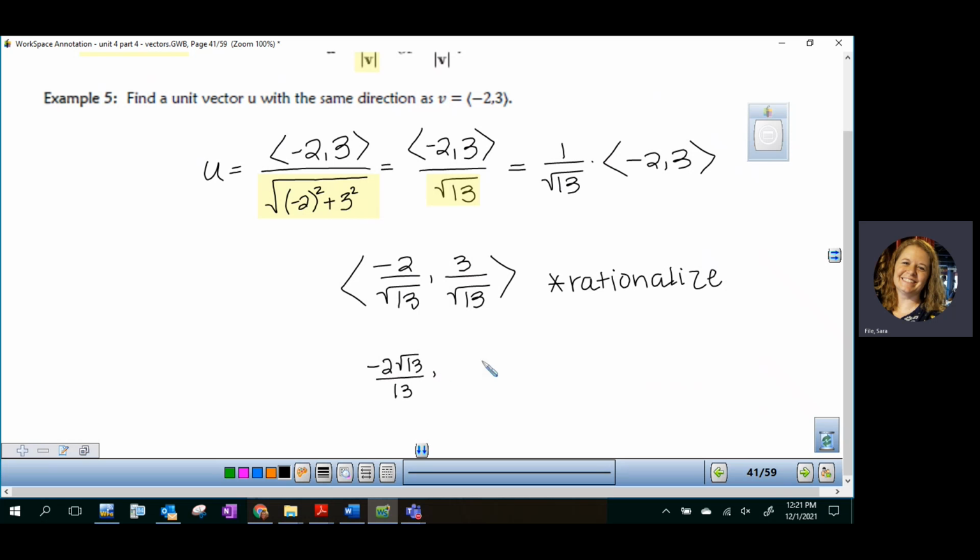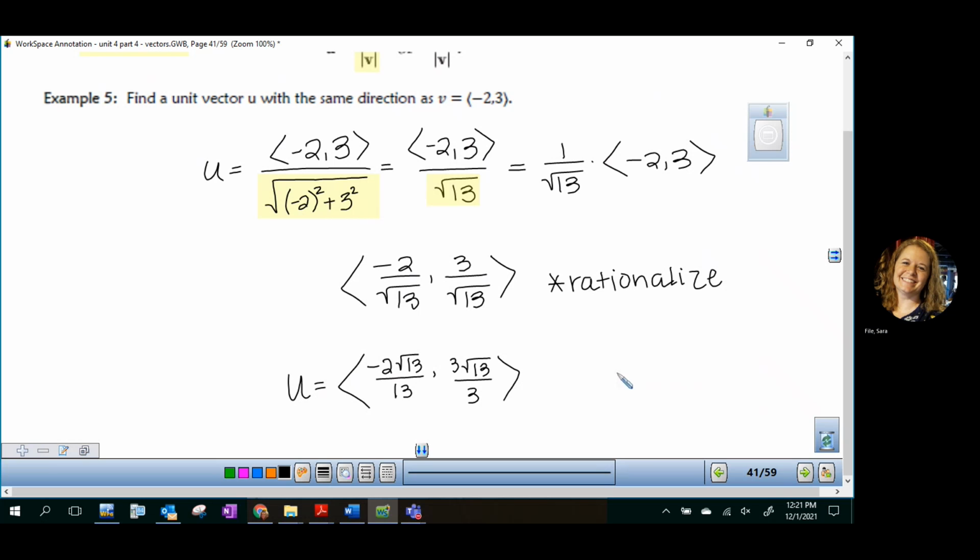Good. And what would this one become? Good. So there's that unit vector that goes in the same direction as this vector v. But this one is 1 unit long. Feel okay about that? I think so.